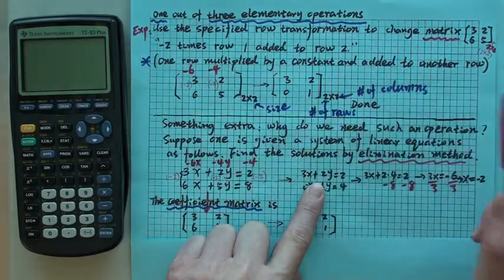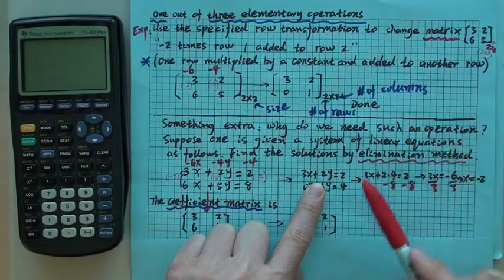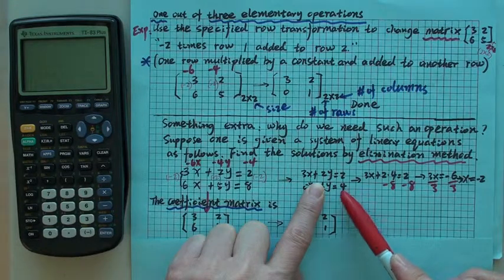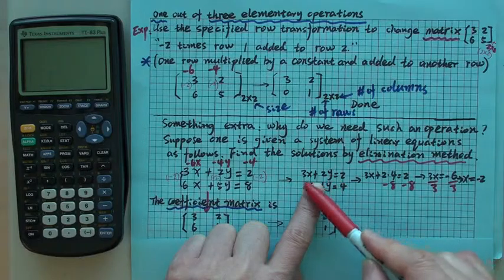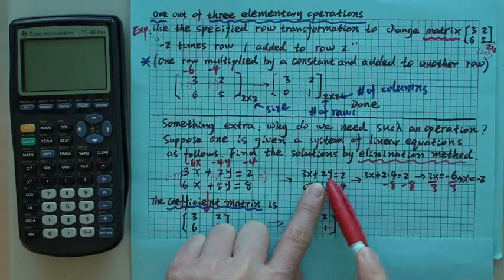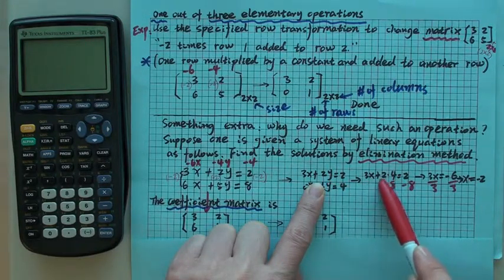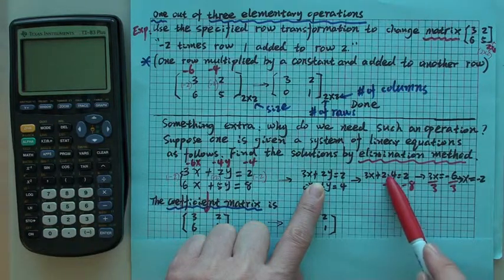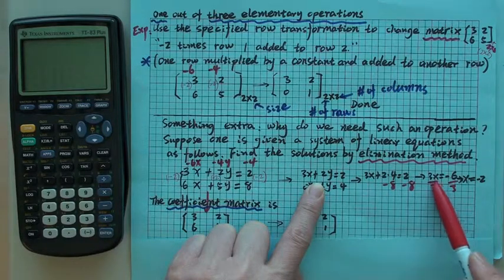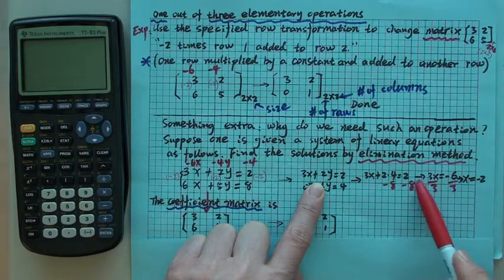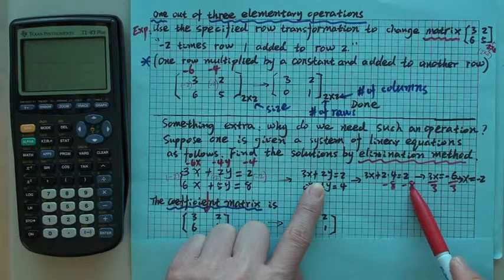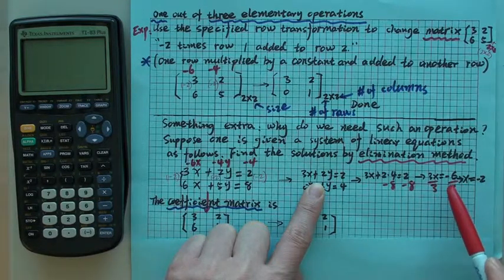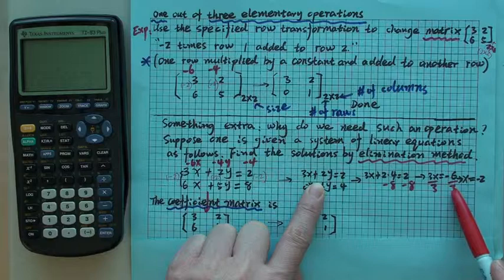Now, y equals 4, then we put it back here. 3x plus 2 times 4. Minus 8 on both sides. Then you have 3x equals 2 minus 8, which is negative 6, divided by 3.